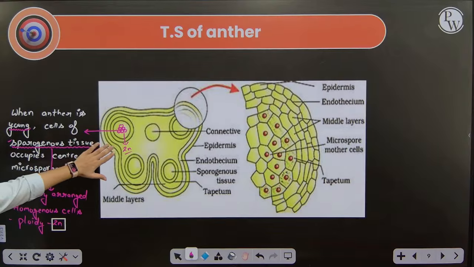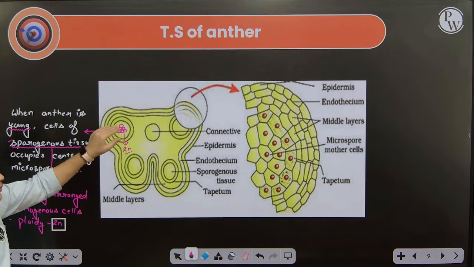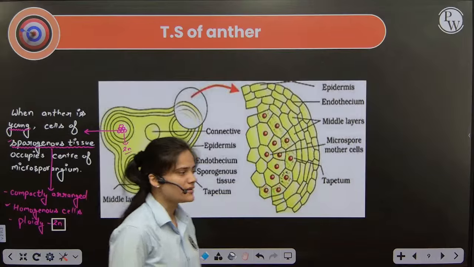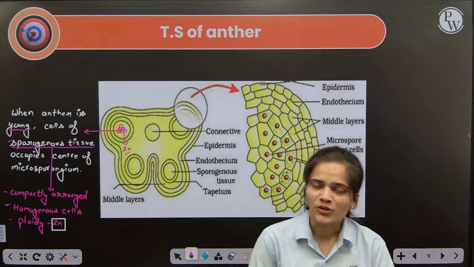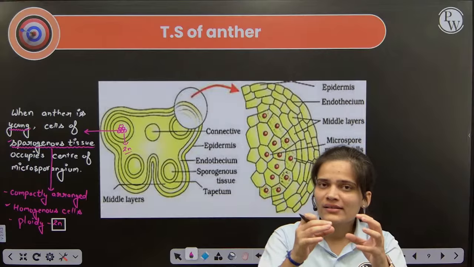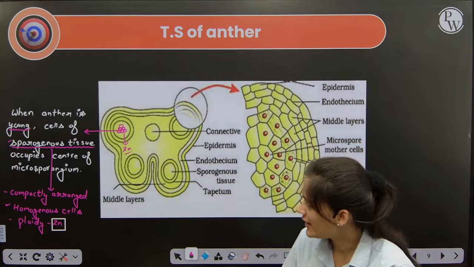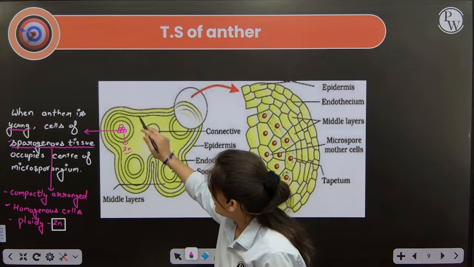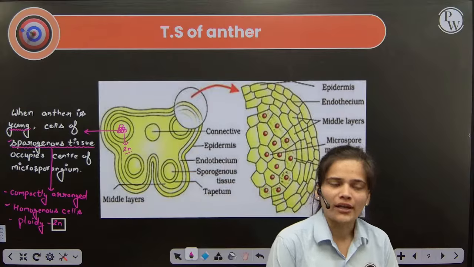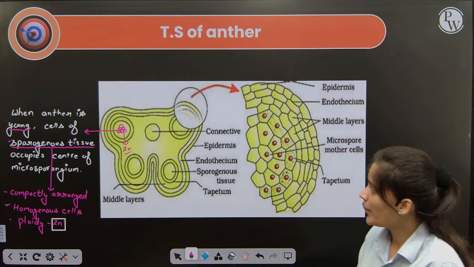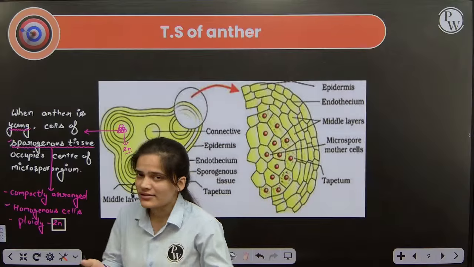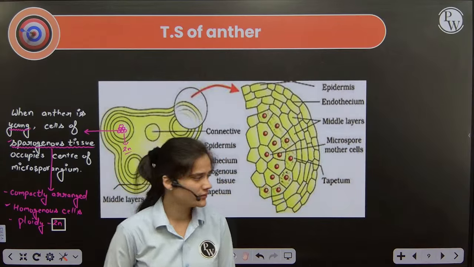When anther is in young condition, these cells occupy center of the microsporangia, and are known as sporogenous tissue cells. They are compactly arranged, same kind of cells, that's why they are homogeneous cells, and their ploidy is 2n. Now, what happens when anther starts to mature or develop?